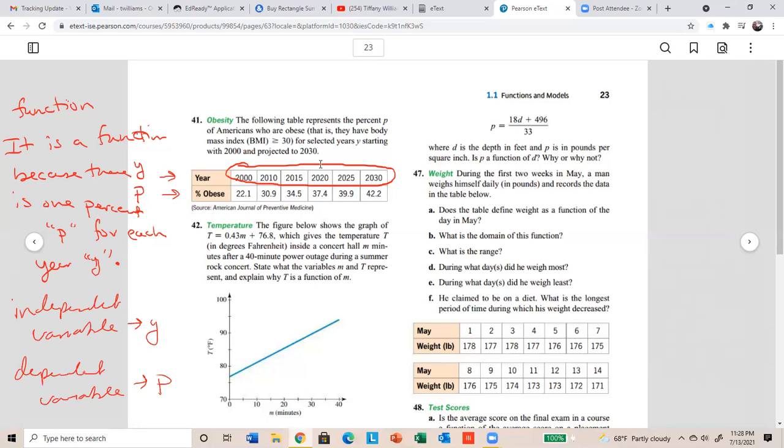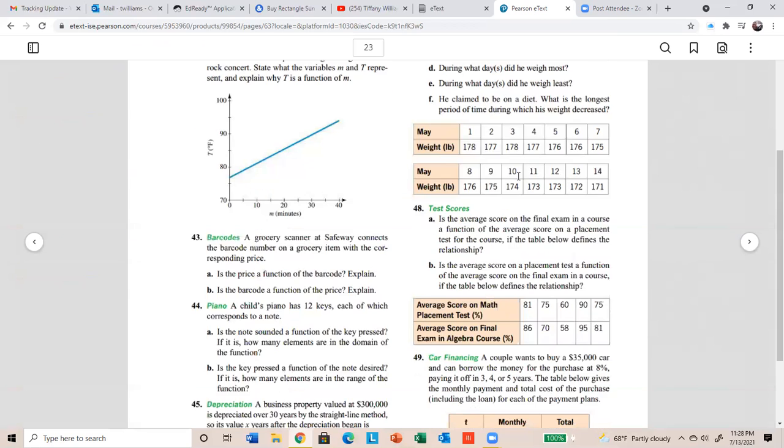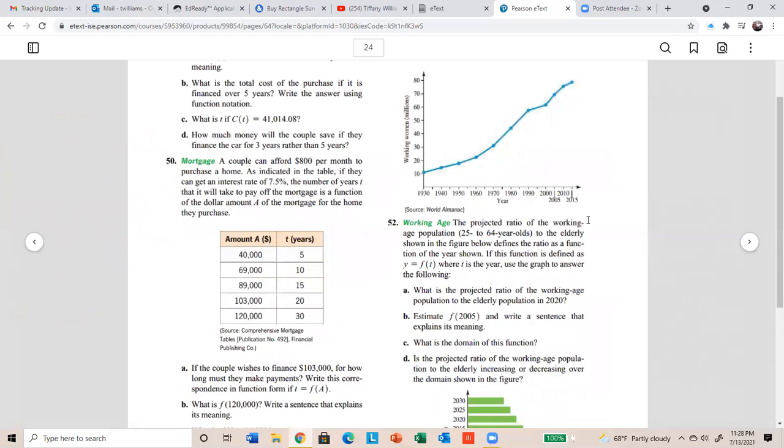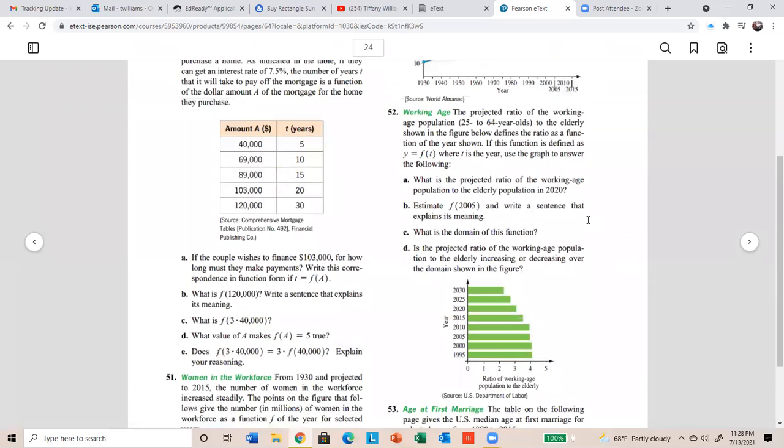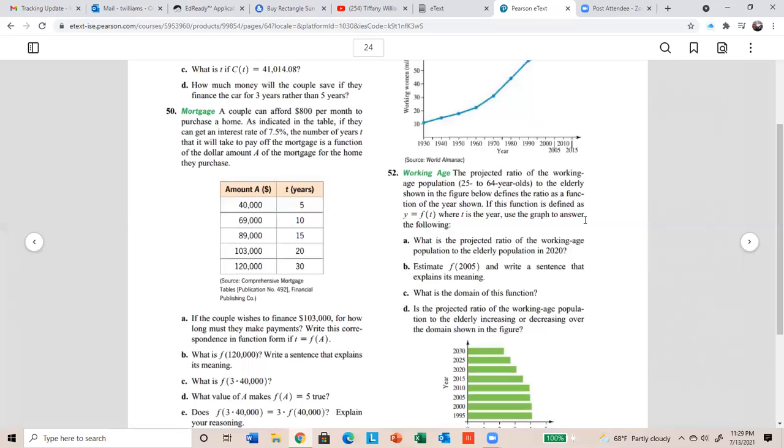All right, let's go on and look at number 50. Let me clear this out. Number 50. Ooh, look at all the parts to number 50. Okay. A couple can afford $800 per month to purchase a home.